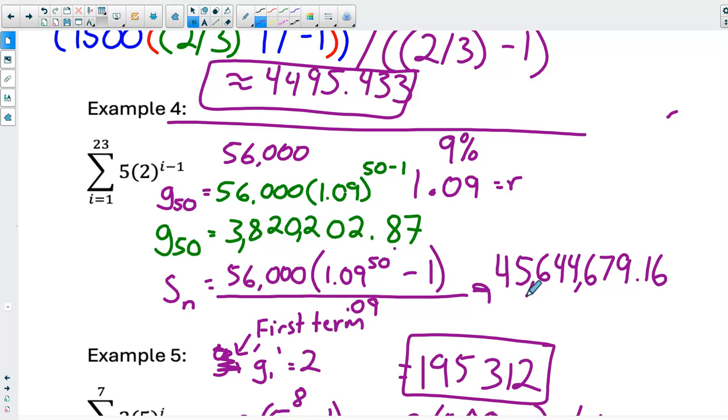So Griff, if he adds all of his salaries up, he's making $45 million, almost 46. That is a lot of money. So you can kind of think, is a 9% raise good every year? It would be amazing.